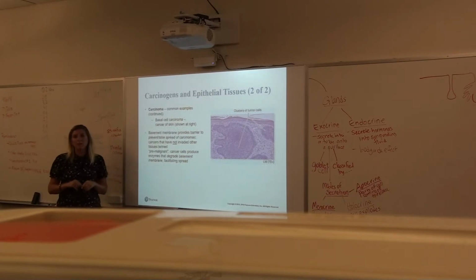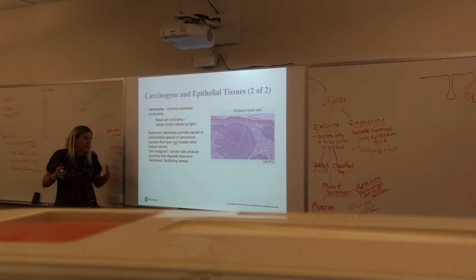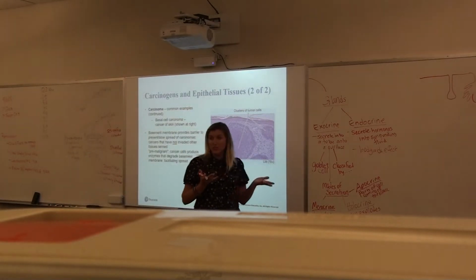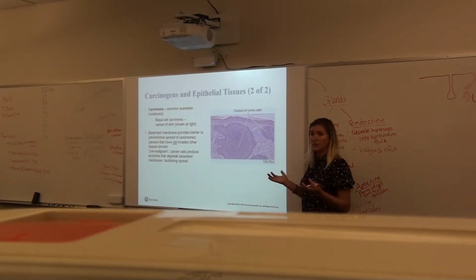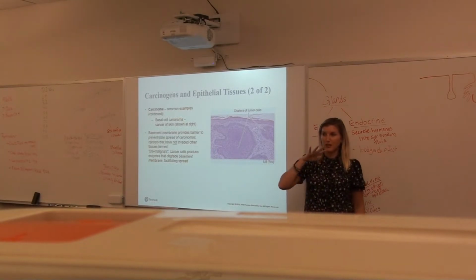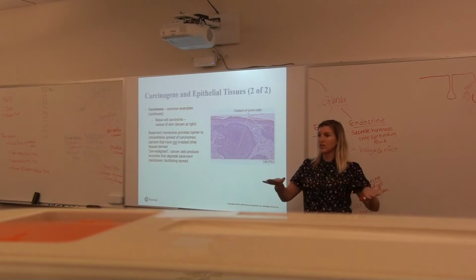It's where the basement membrane is on the epithelial cells within your skin, and that part is what becomes mutated, which changes the skin surface. Carcinomas are fairly common, unfortunately, and the majority of them result from a lifetime of sun exposure, particularly if you get sunburn at a young age.